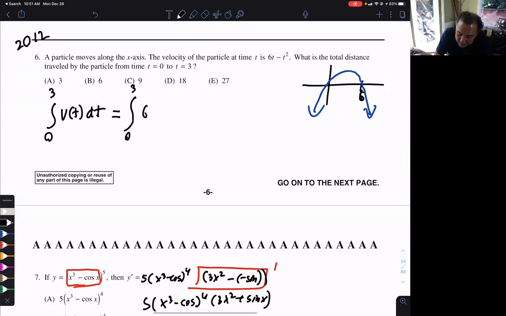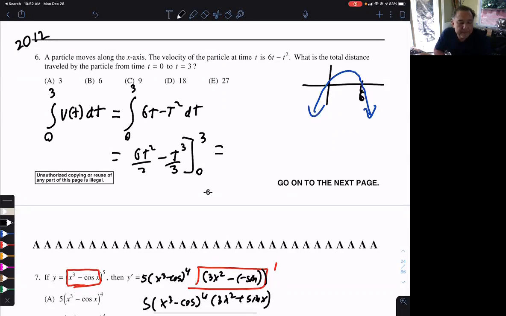So let me replace velocity with 6t minus t squared. Now I take the antiderivative of that. It's going to be 6t squared over 2 minus t cubed over 3. And that's from 0 to 3. And that simplifies to 3t squared minus t cubed over 3. That's from 0 to 3.